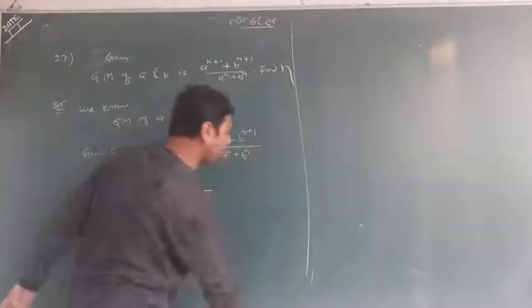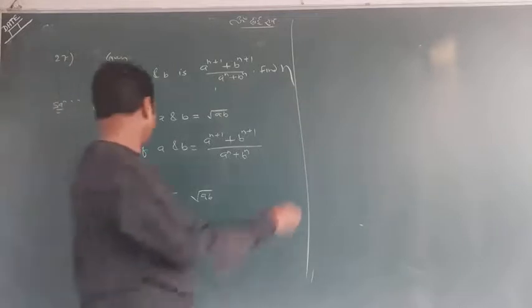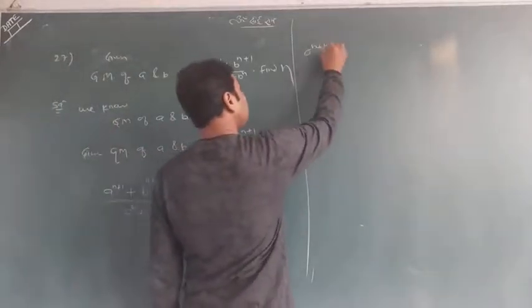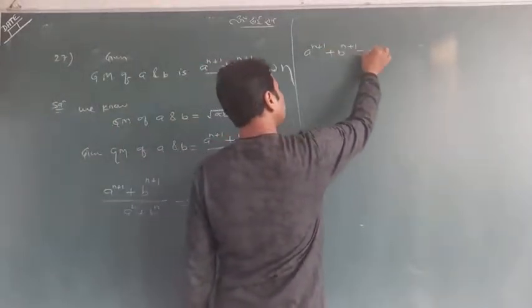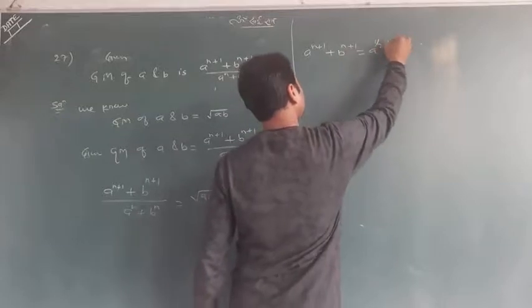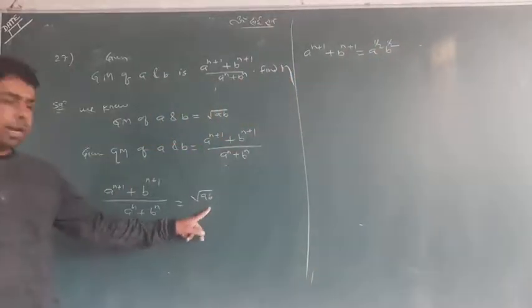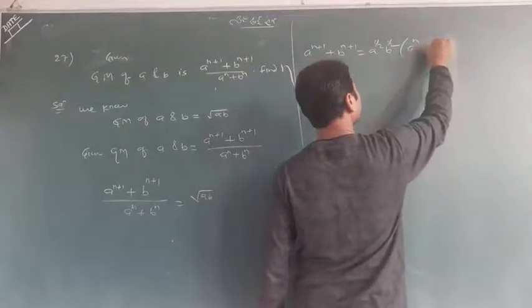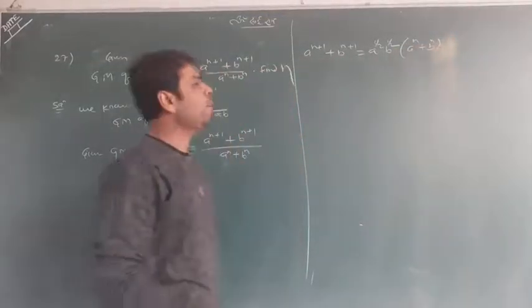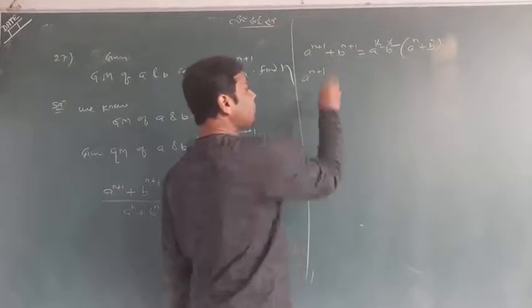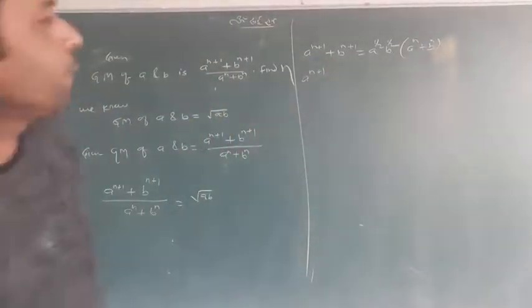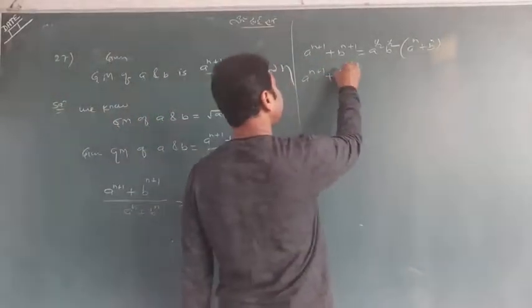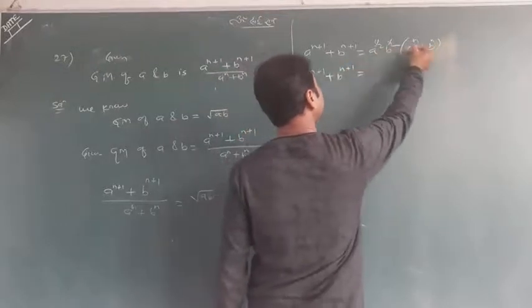Now we will simplify that. How is it so? A to the power n plus 1, b to the power n plus 1, a to the power half, b to the power half, and I multiply this one. Cross multiply like that. Now I will multiply a to the power n plus 1 plus b to the power n plus 1. I'll multiply these two.